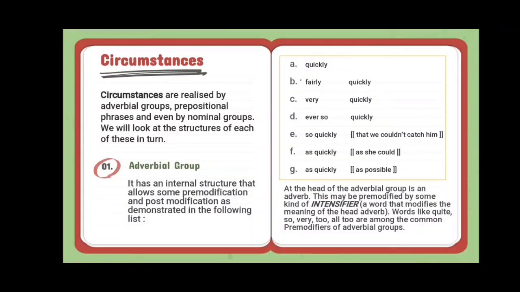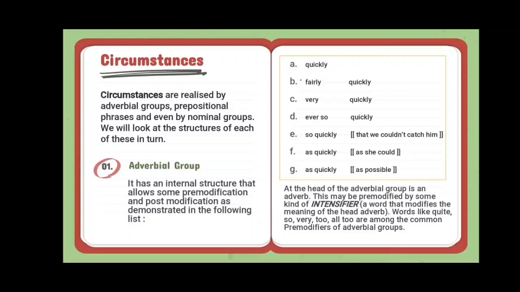The first one is the adverbial group. It has an internal structure that allows some pre-modification and post-modification, as demonstrated in the following list. For example, quickly, fairly quickly, very quickly, ever so quickly that we couldn't catch him, as quickly as she could, or as quickly as possible.